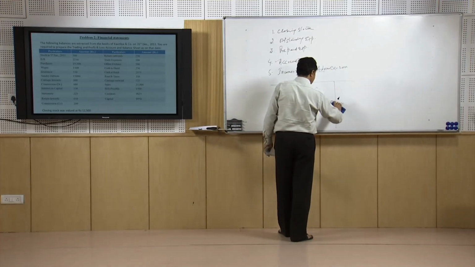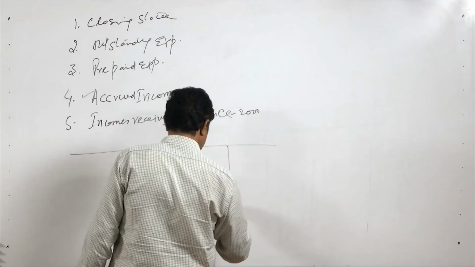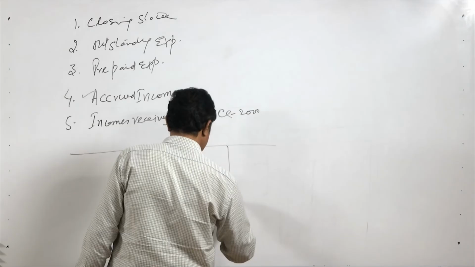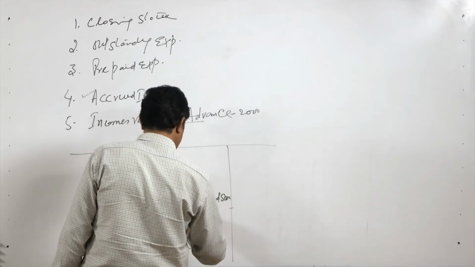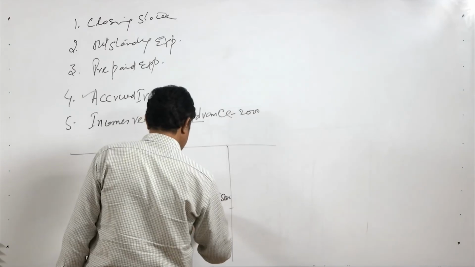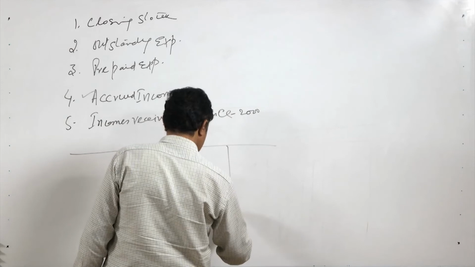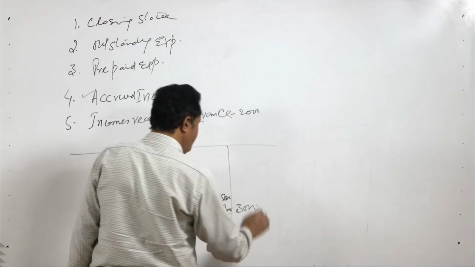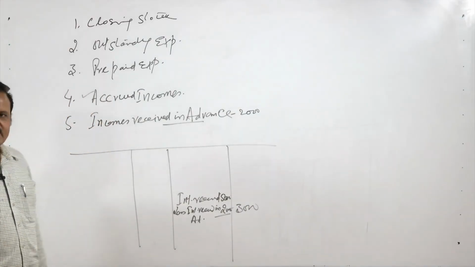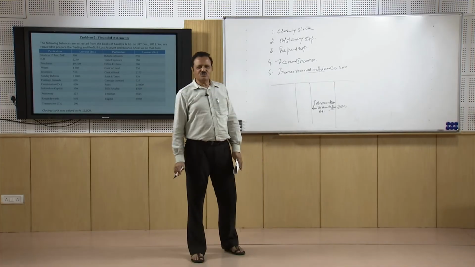Interest received is 5000 rupees, less interest received in advance, which is 2000 rupees. So, the actual income of the current year shown here will be 3000. Interest income will be 3000, not 5000 rupees.